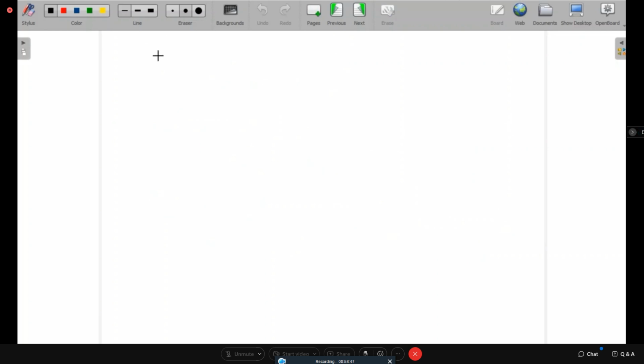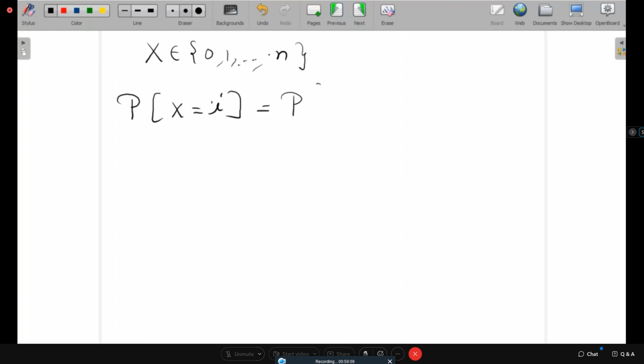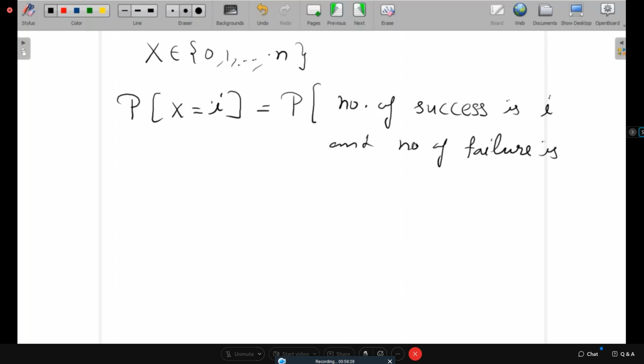X can take any value from 0, 1 to n, and we are interested in identifying the probability of X equals i. What does X equals i mean? It means the number of successes is i, and the number of failures is n minus i.